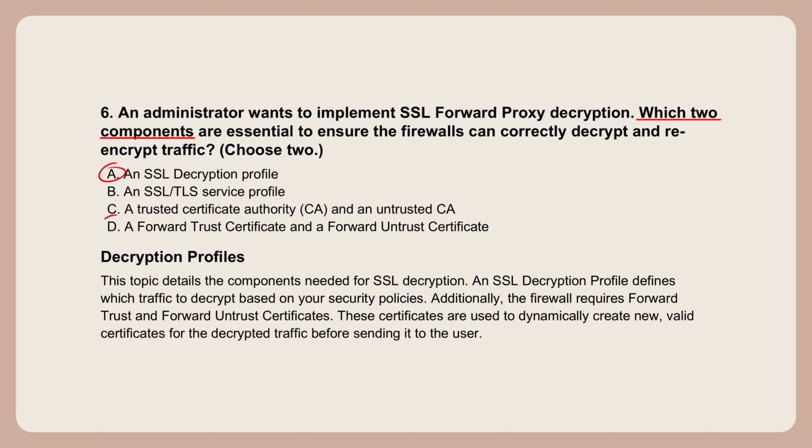So it can maintain the trust chain for good sites, but signal problems for bad ones. Precisely. It allows the firewall to either preserve that chain of trust or intentionally break it in a controlled way, all while presenting a certificate to the user's browser that it hopefully recognizes because you pushed out the root cert earlier. Got it. So the decryption profile is the what, and those forward trust and untrust certificates are the cryptographic tools for the how of the re-encryption.